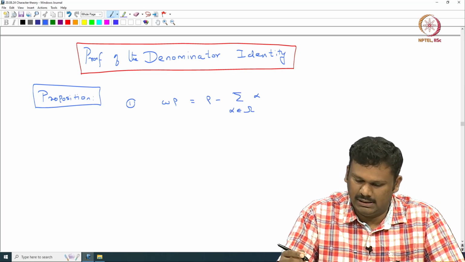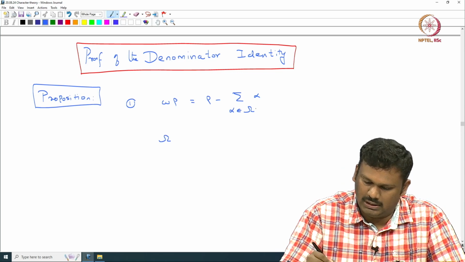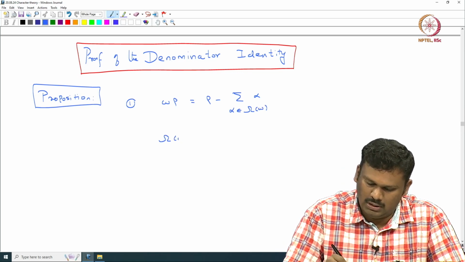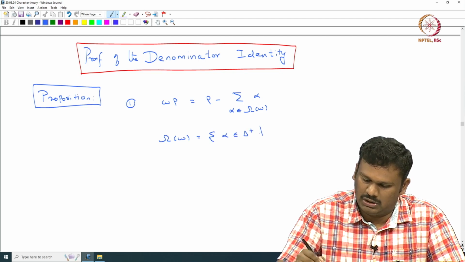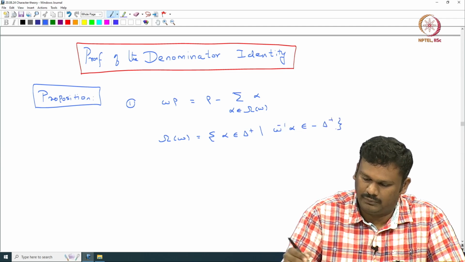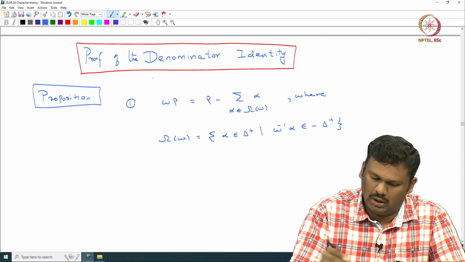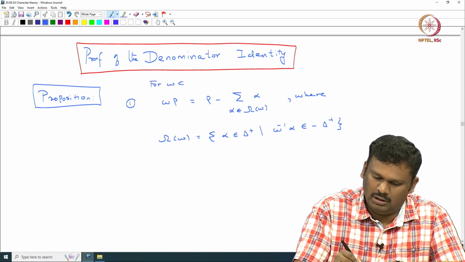This omega is indeed very explicit, so let us call it omega of W. Omega of W is those positive roots alpha such that W inverse alpha is a negative root. And this is true for all W in W.